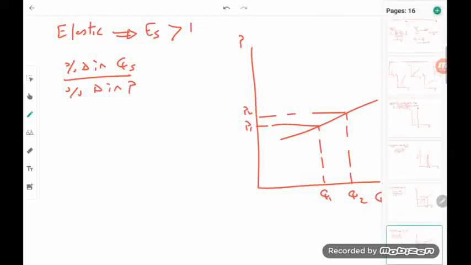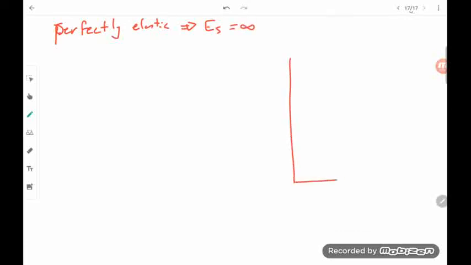Finally, the last case is perfectly elastic supply. This means that elasticity of supply will be infinity. So in this case, almost there is no change in prices, but quantity is going to respond.